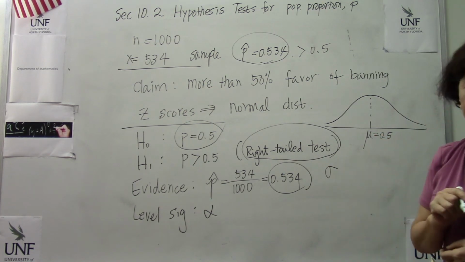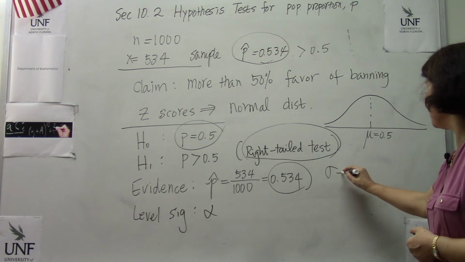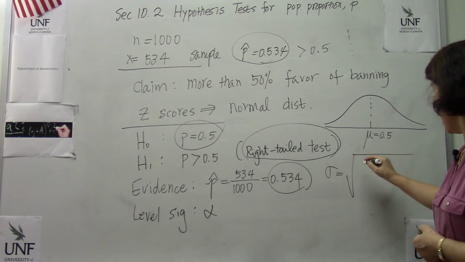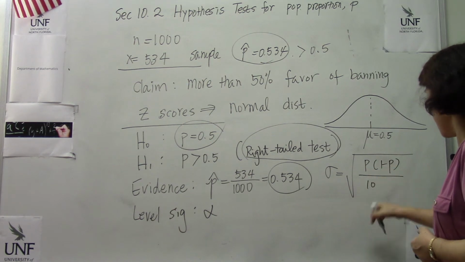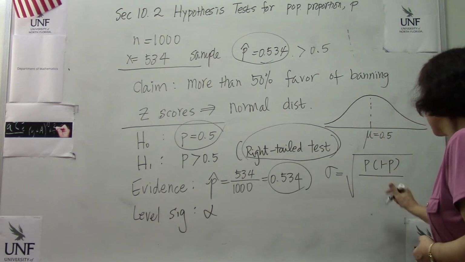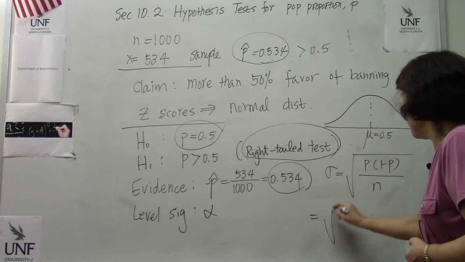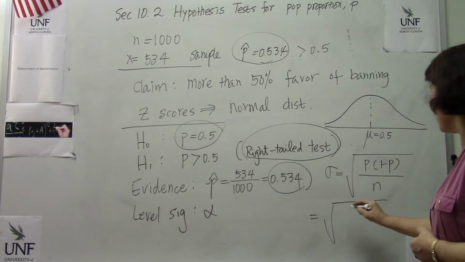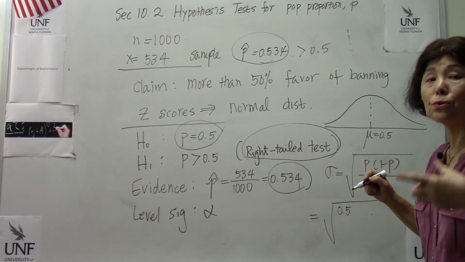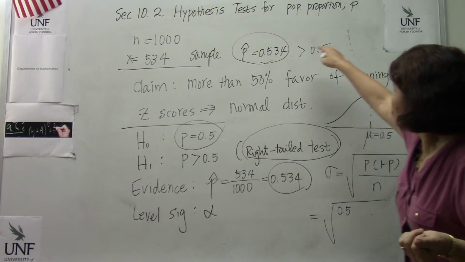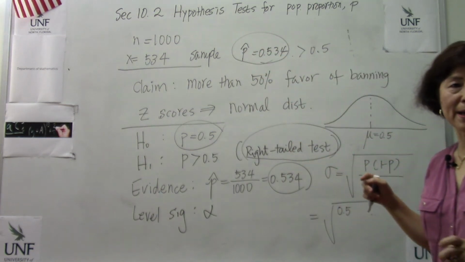We are going to think about what the standard deviation is over here. The standard deviation is the square root of p times 1 minus p over n, correct? Okay, so plug in. P is 0.5. Again and again, when you see p, we are going to use p naught. We are going to use p hat only one time. I'm going to show you, okay?